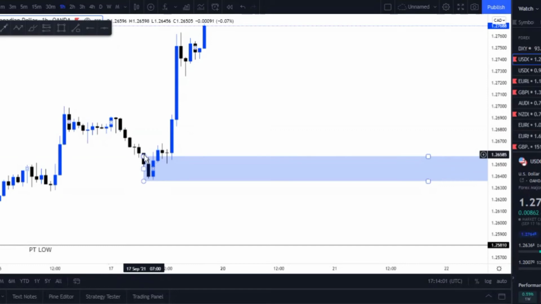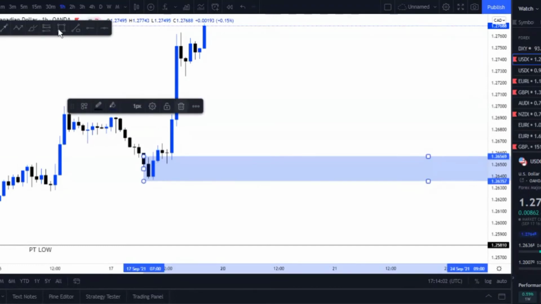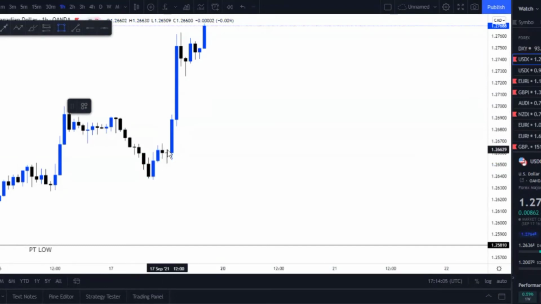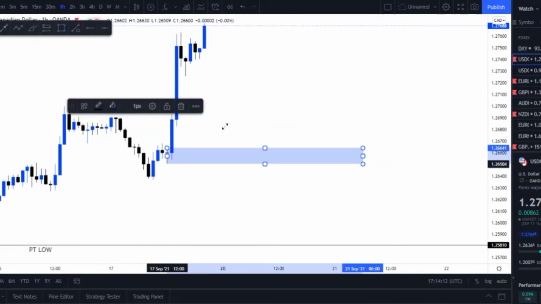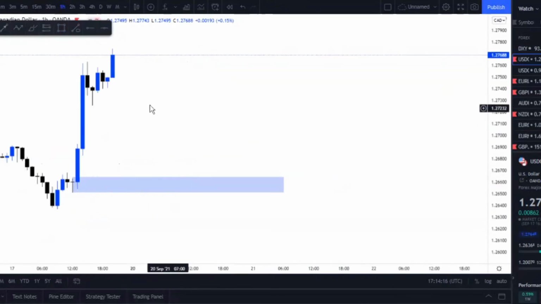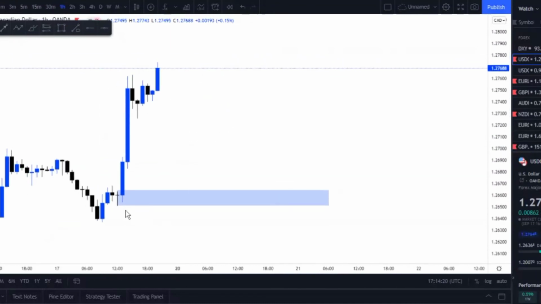So I'm not taking this anymore. I'm changing my POI to this last down candle before the up move that broke structure. Perfect. So the market is currently here. Let's look at what's actually happening.